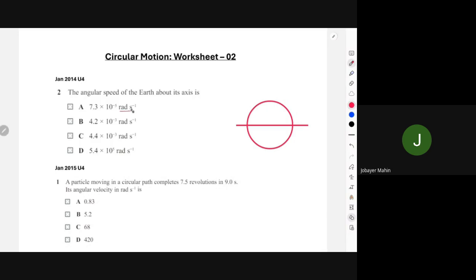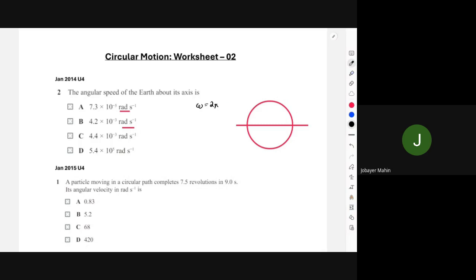From the equations in the answers, I can understand I have to use angular speed. Omega is 2 pi, and about its axis means the time is... we have to convert the total time. Oh wait, sorry, not 365.